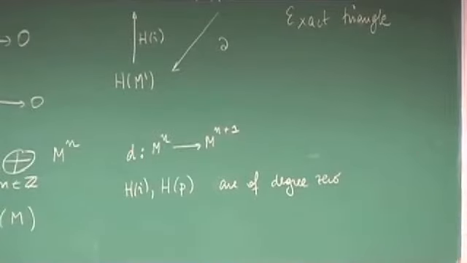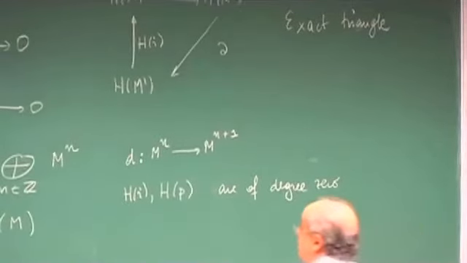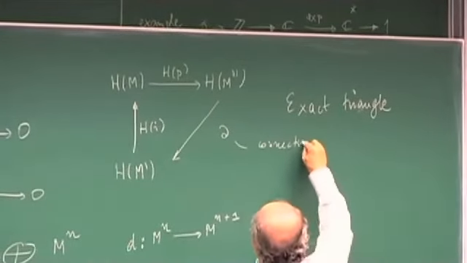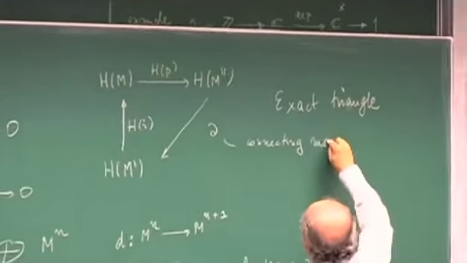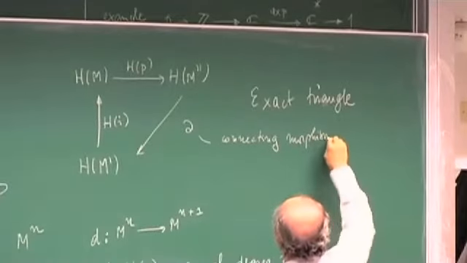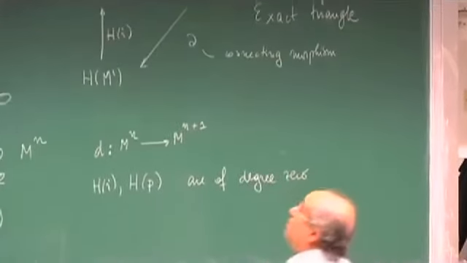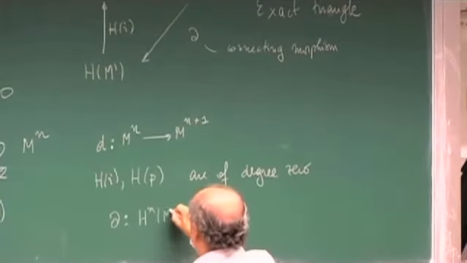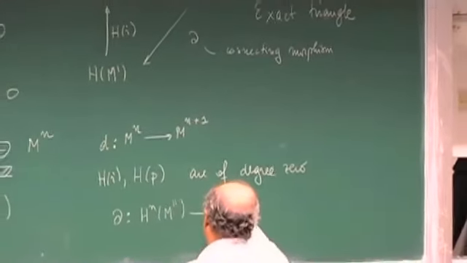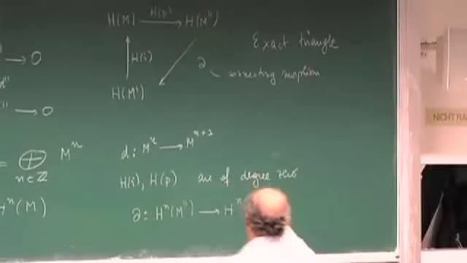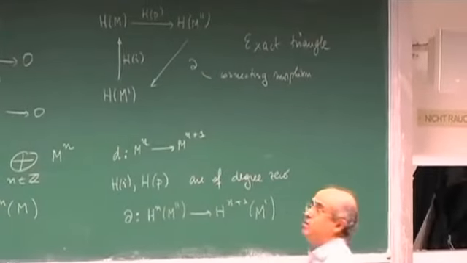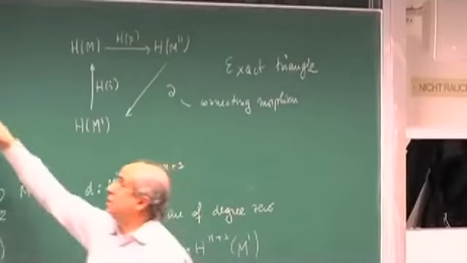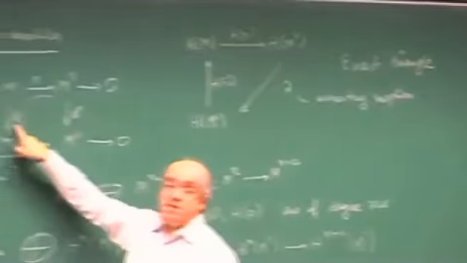But the morphism delta, let's give it its name, it's called the connecting morphism, is of degree +1. So this means that if you start from H^n of M double prime, you get to H^(n+1) of M prime. And this is very easy to understand because in our definition, there is one point where you apply d.